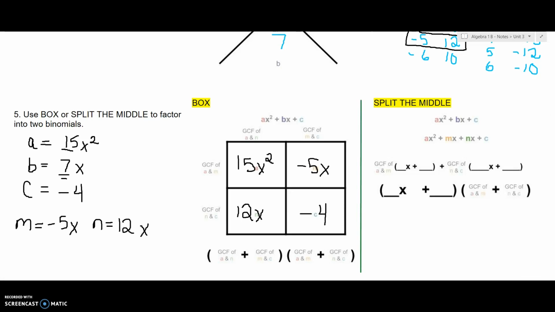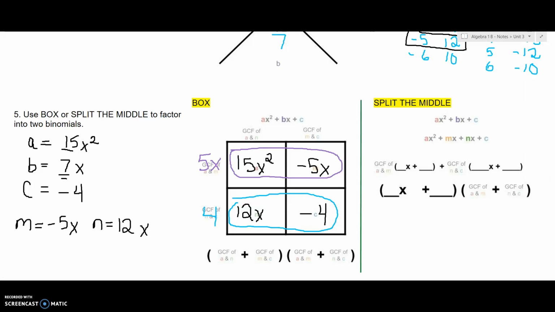So this is how it works. I'm going to start by looking at this first row. And I'm going to find the GCF of my first row. Both of those terms have a 5x. So I'm going to pull a 5x out. I'm then going to look at my second row, and I am going to pull out the greatest common factor, which is a 4.